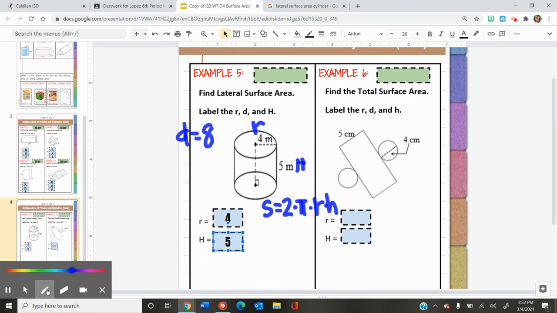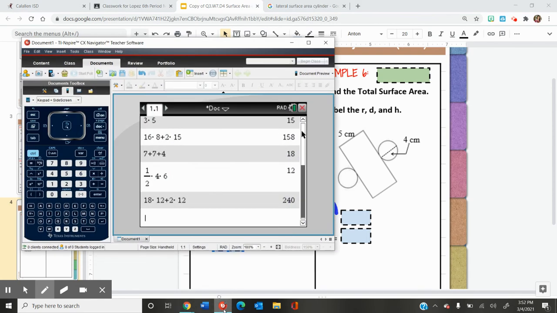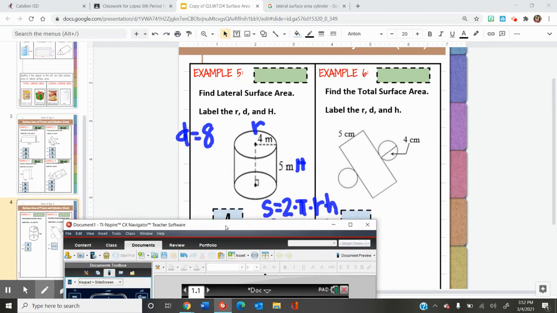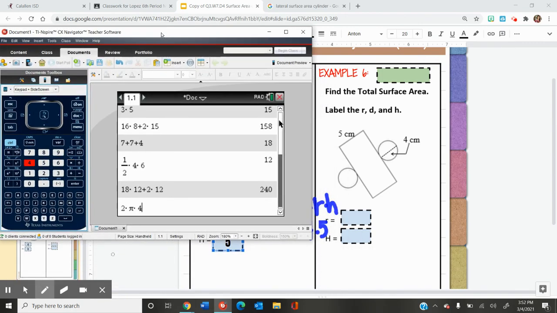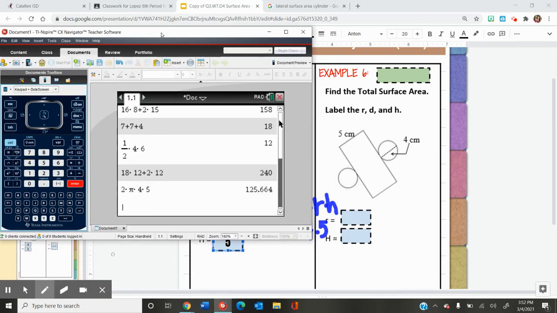Surface area equals 2 times pi times my radius, which is 4, times the height, which is 5. So opening up my calculator, 2 times pi times my radius, which was 4, times 5, which was my height.